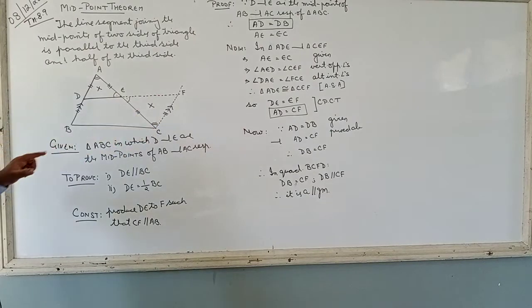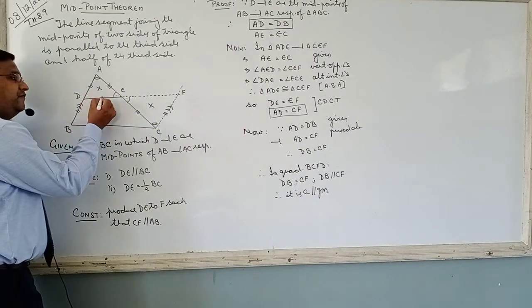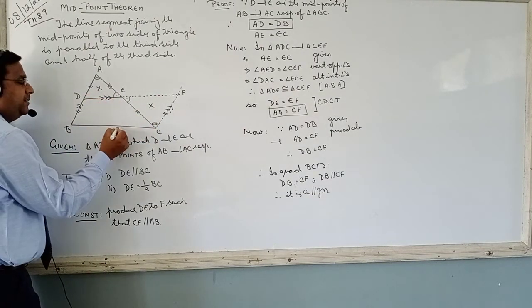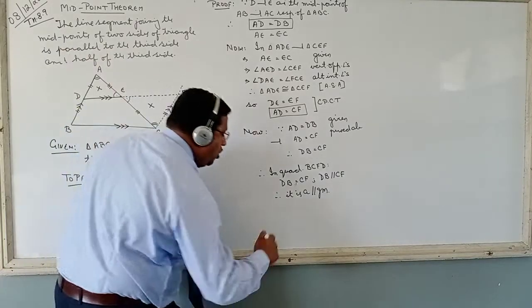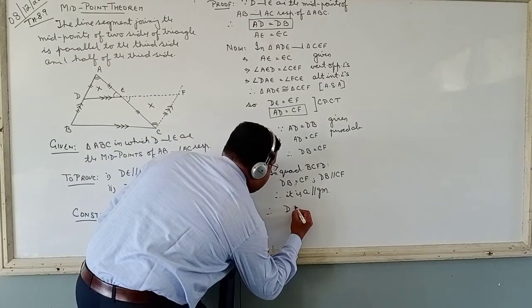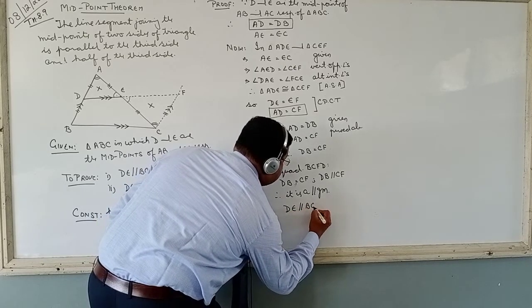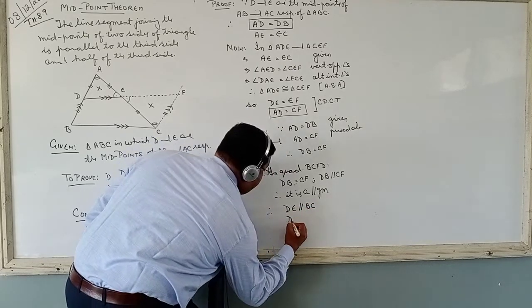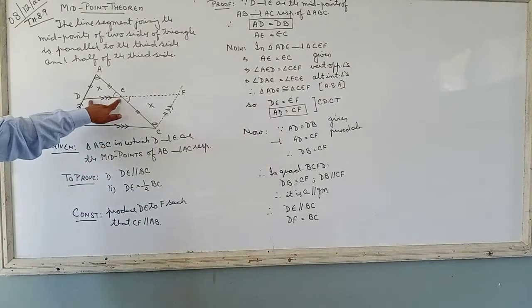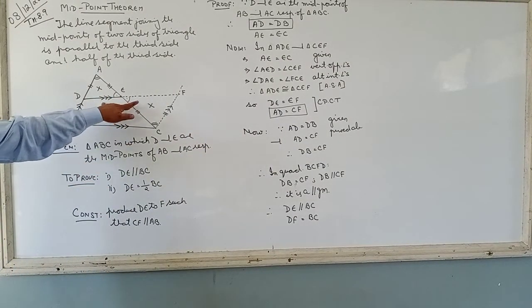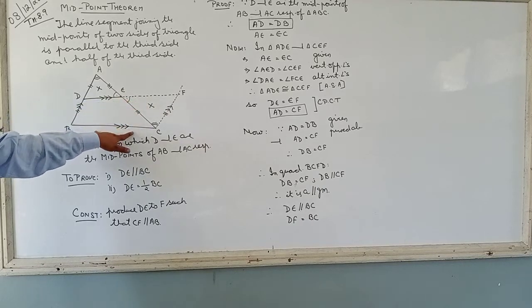This is a parallelogram, and if it is a parallelogram, will this DE be parallel to BC? Yes. So DE is parallel to BC and DF is equal to BC.